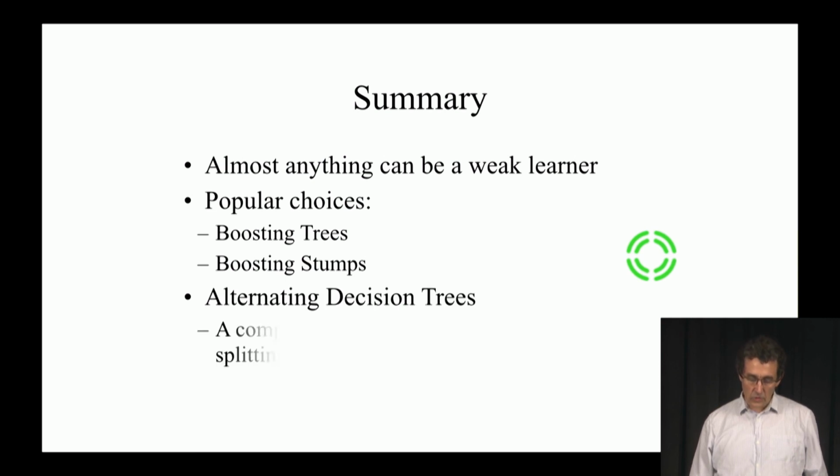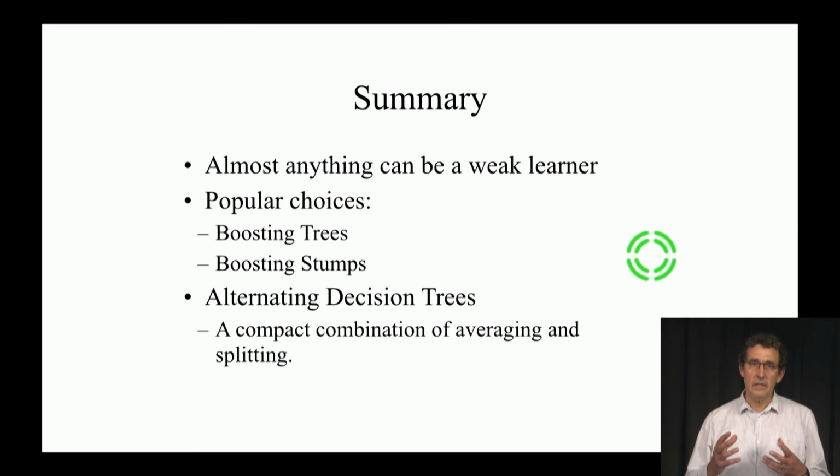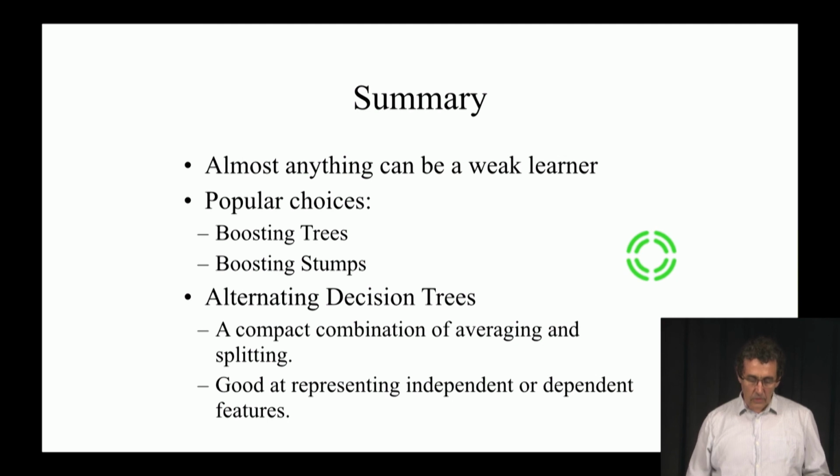And alternating decision trees basically combine the idea of averaging that boosting gives you and the idea of splitting that decision trees give you in a recursive structure that can capture a lot of information in a small number of splits. And it can therefore be good in representing both independent features, which would be represented by averaging them, or dependent features where you want to check feature 2 only after you know if feature 1 is, let's say, smaller than some threshold.